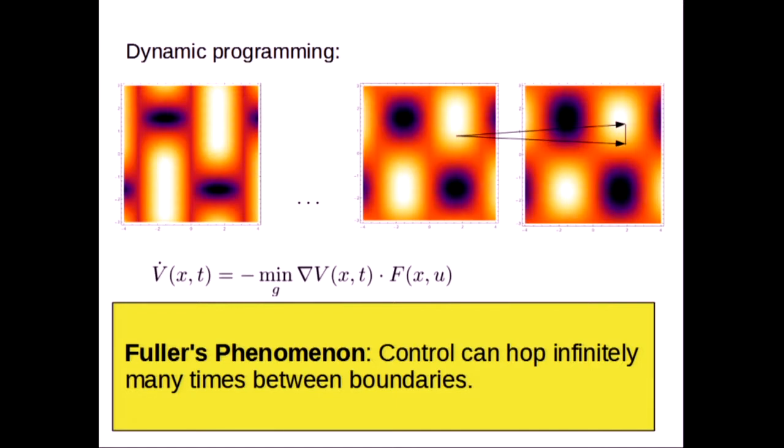Although the control is bang-bang in some sense, when solving this equation you find that the control hops infinitely many times between these two boundaries on your trajectory going across. So this is an example where the formalism can break down.